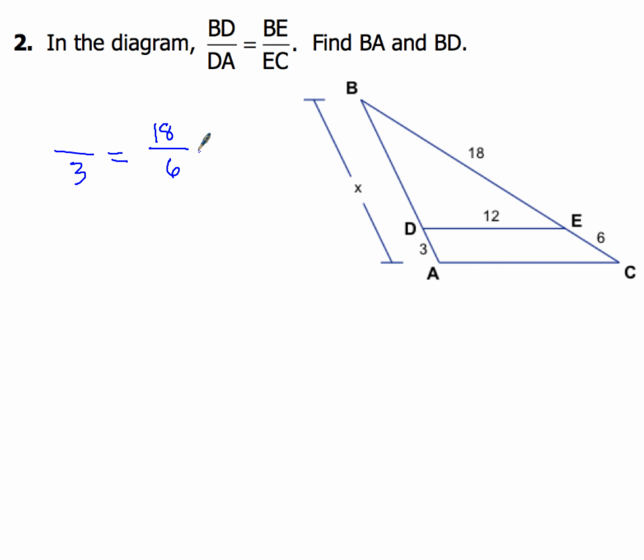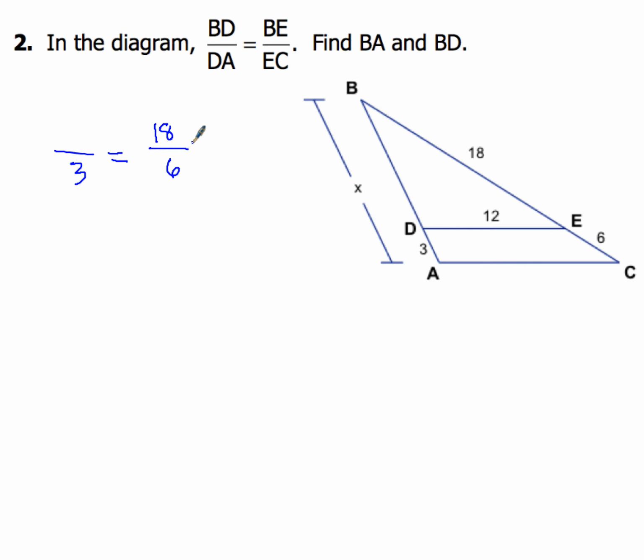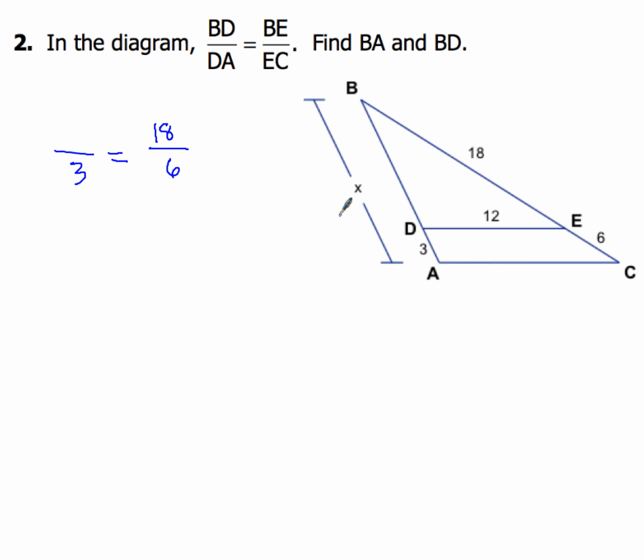Now for BD, I don't know what BD is, but using this piece that we're given right here, there are a couple of different ways that you can go about this. If the entire length of BA is X, then this piece right in here, from D to B, has got to be X subtract 3.